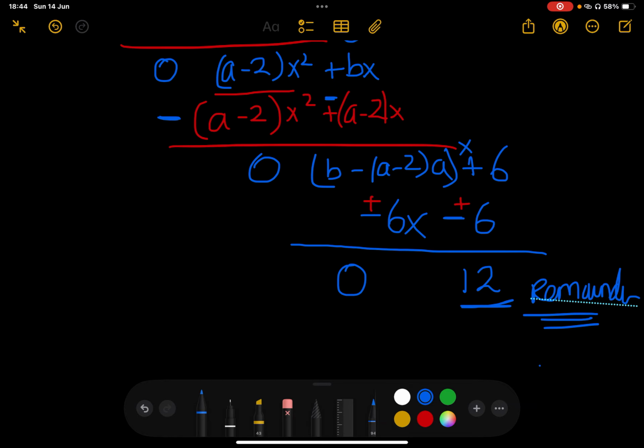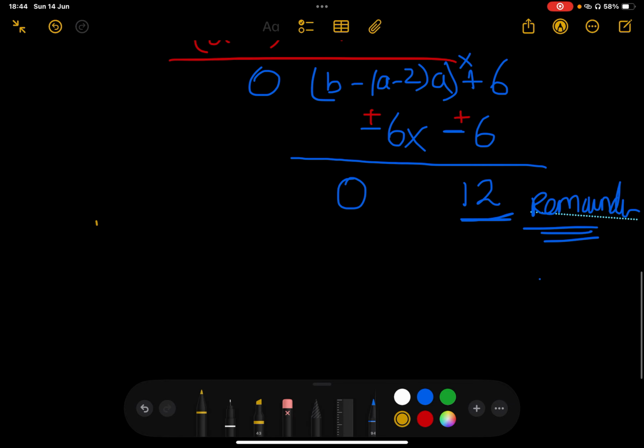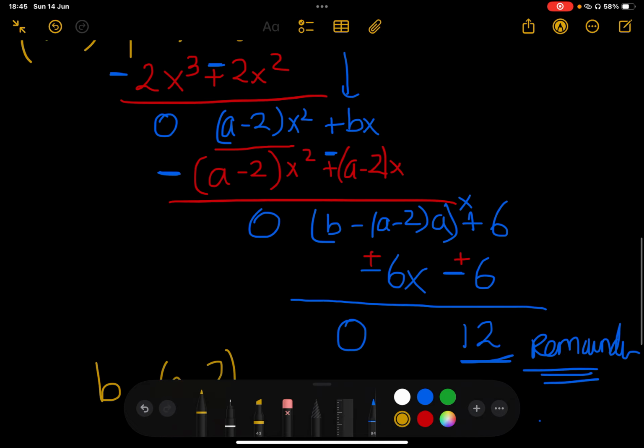So we get another equation, which is that b minus (a minus 2)x, sorry, I made a mistake here when I was writing. This should be just a minus 2, right? And there's an x here.